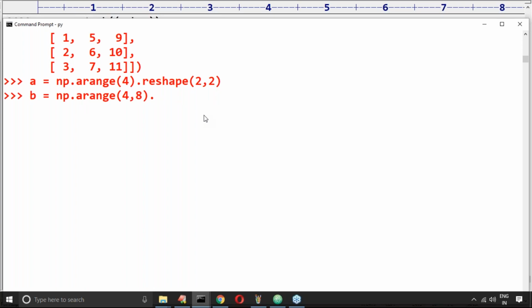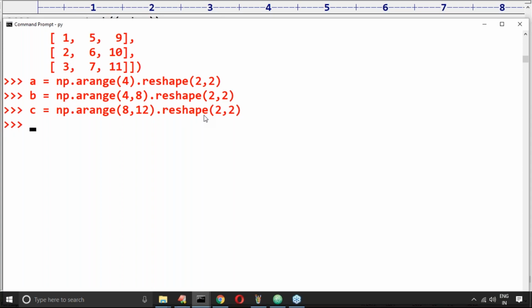Next up, B.reshape of 2 comma 2, and C.reshape of 2 comma 2. The reshape function is simplifying my life like anything.